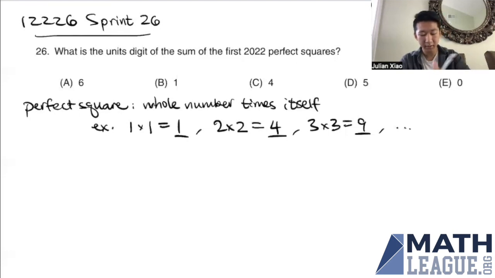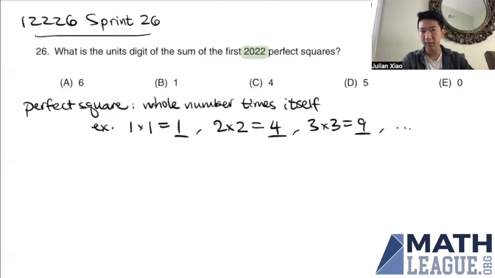Anytime I see an enormous number like this, I know that I'm not going to actually be adding up 2022 perfect squares. That's just impossible to do in the amount of time that I have. So if I see a number this big, I know there has to be a shortcut somewhere.